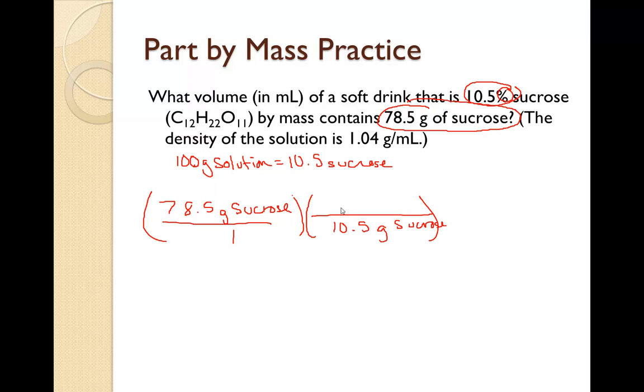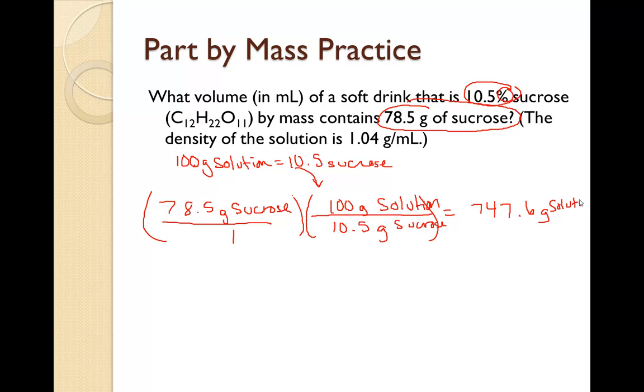And 100 grams of solution on the top. I've used this conversion factor to do it. That tells me that I'm going to need 78.5 times 100 divided by 10.5 to equal 747.6 grams of the solution. That's how much solution I need.